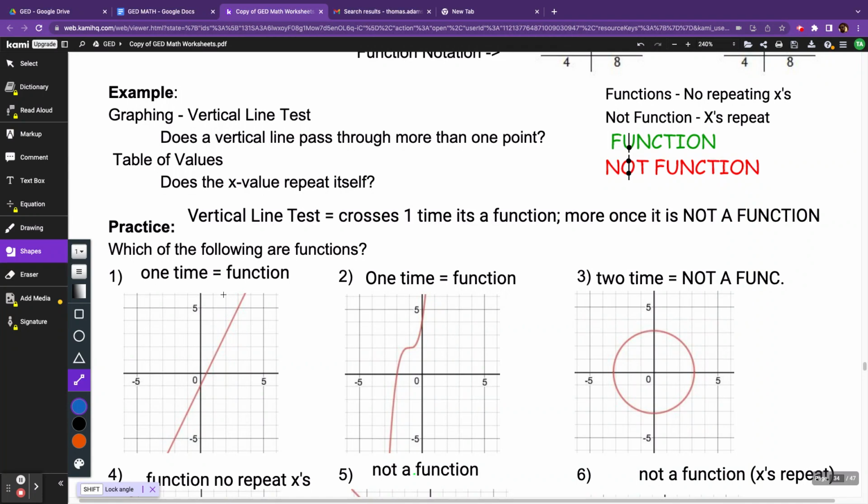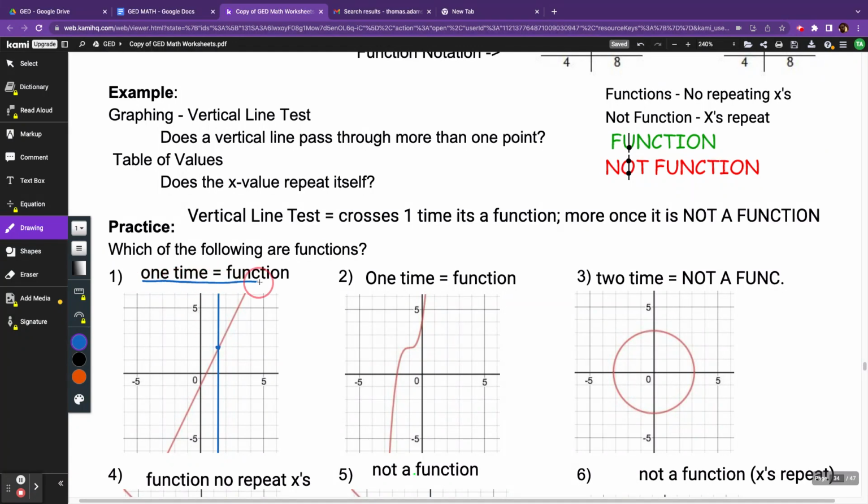So if I draw a vertical line on this one, how many times does it cross? Just one time. And you should probably write this down. One time equals a function. Essentially, because that only crosses one time, it's a function.